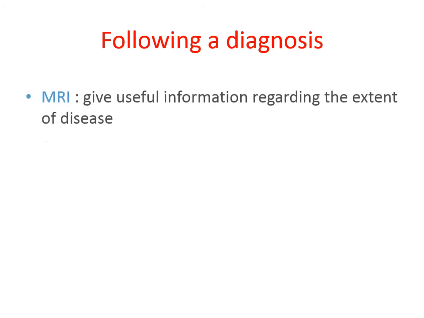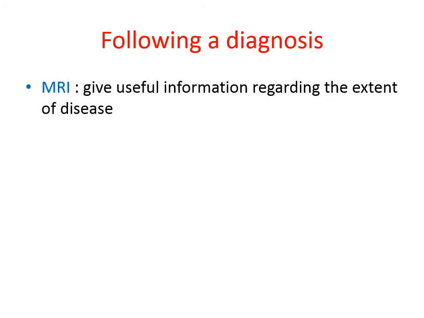Following a diagnosis, we have to stage the disease, because this will affect our approach in managing those patients. And as you know, magnetic resonance imaging is the best imaging technique used to visualize the soft tissue. Therefore, it gives useful information regarding the extent of the disease. Of course, a chest X-ray should be arranged in order to exclude any distant spread of the disease.